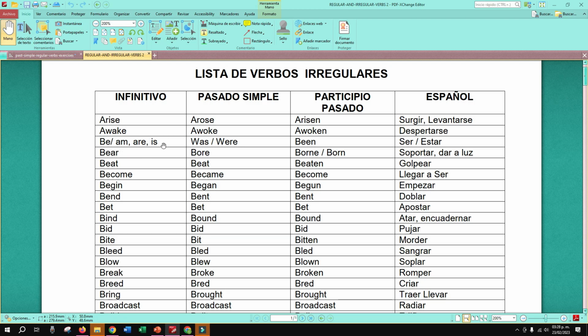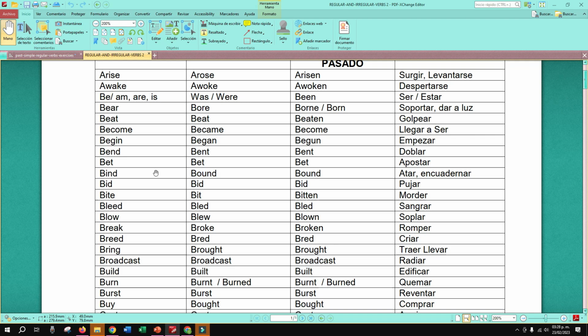Be, am, are, and is was were, beat, beat, become, became, begin, began, bend, bent, bet, bet, bind, bound, bid, bid, bite, bit, bleed, bled, blow, blew, break, broke, breed, bred, bring, brought, broadcast, broadcast.